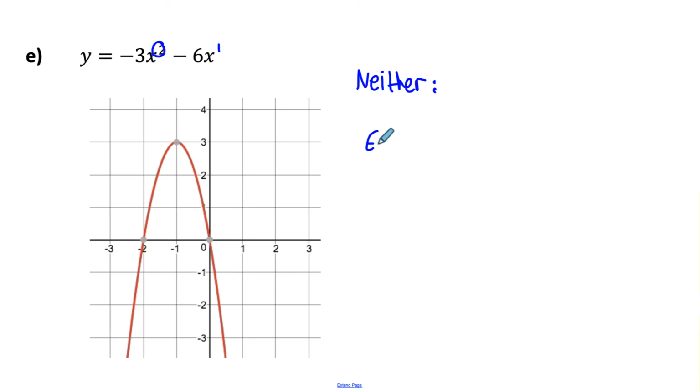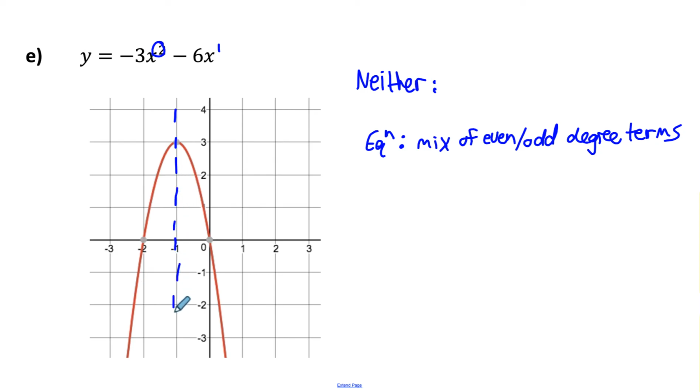So once again, a mix of even and odd degree terms means it is not considered an even function or an odd function. And from the graph, although this function does have line symmetry, that line symmetry is not at the y-axis. It's at the line x equals -1. So since the line symmetry is not at the y-axis, we can't consider this an even function.